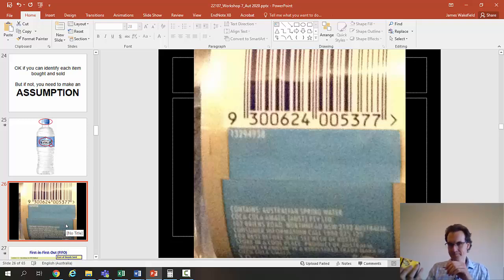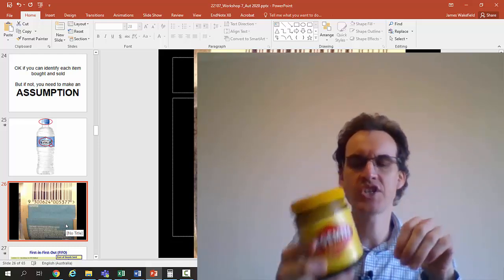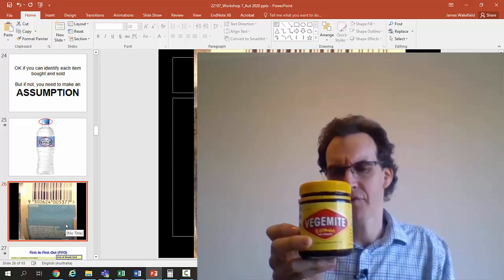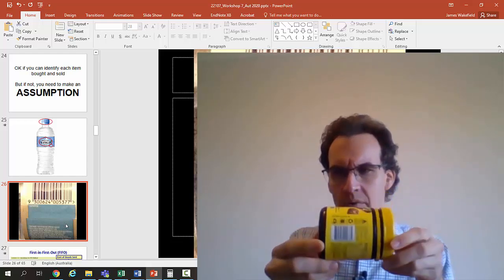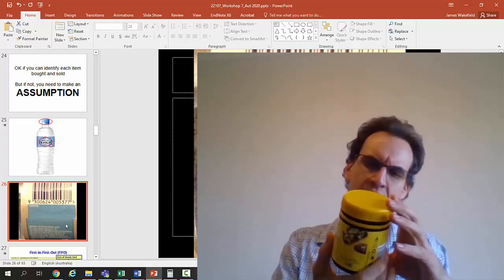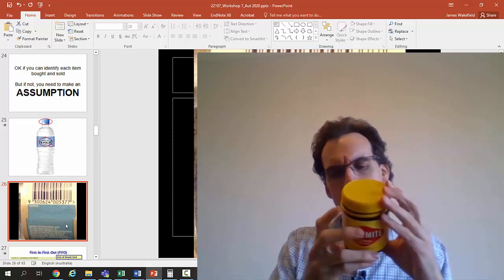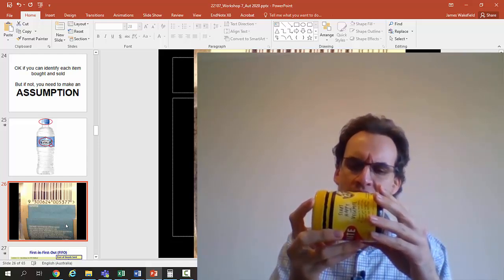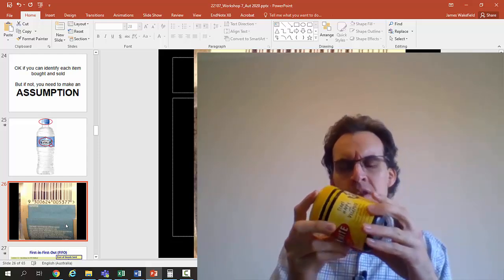So for example, some of you might have a jar of Vegemite in your refrigerator or cupboard at home. Now, if we look at the barcode on this particular jar, which is on the side here, so this is a 455 gram bottle of Vegemite, and on the barcode, the last 3 digits that I have here are 335.